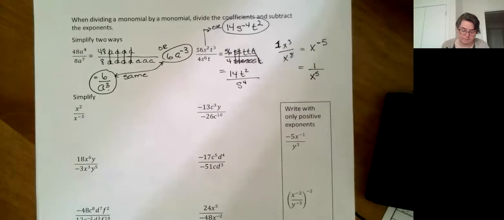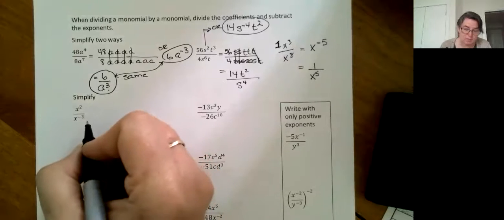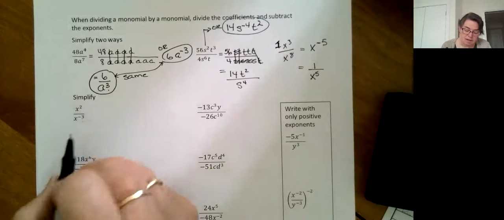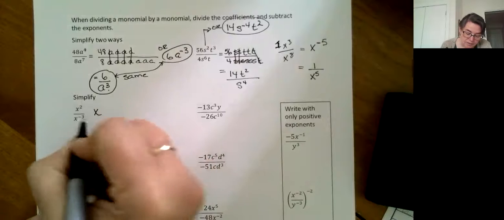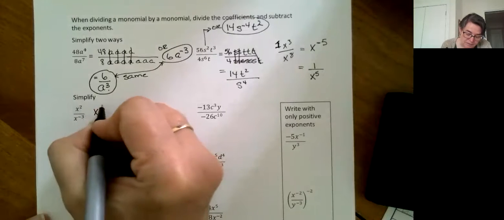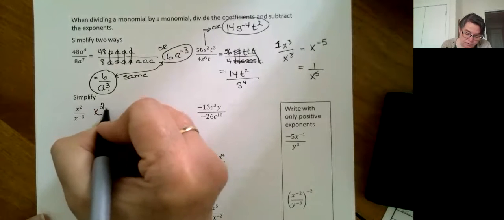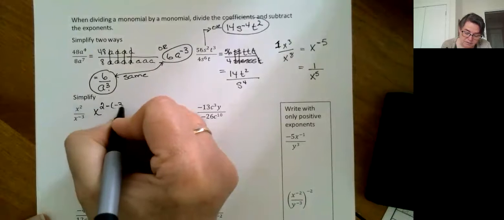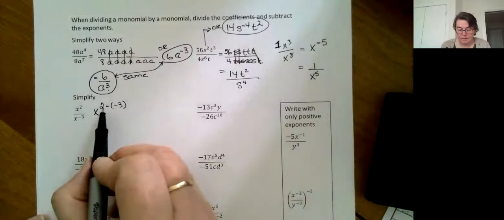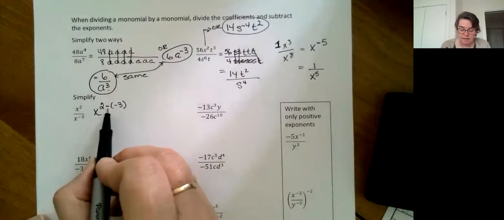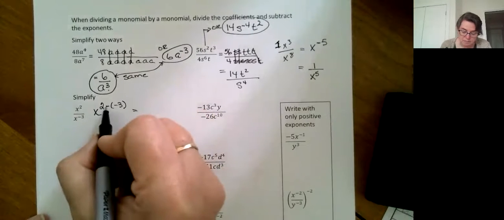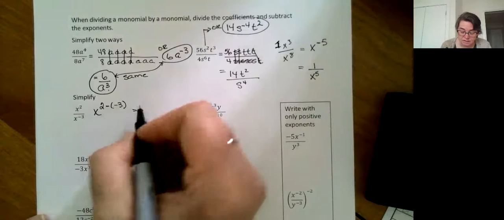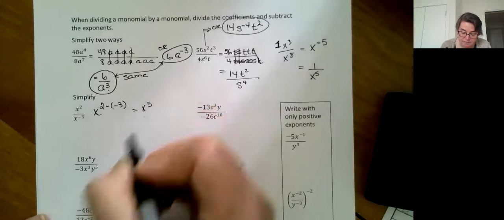I'm just going to do the subtracting exponents. So 2 minus 3. That's what we're doing with our exponents. You subtract your exponent, which should give me 2 minuses. I'm going to add the opposite, so basically I'm going to get x to the 5th.